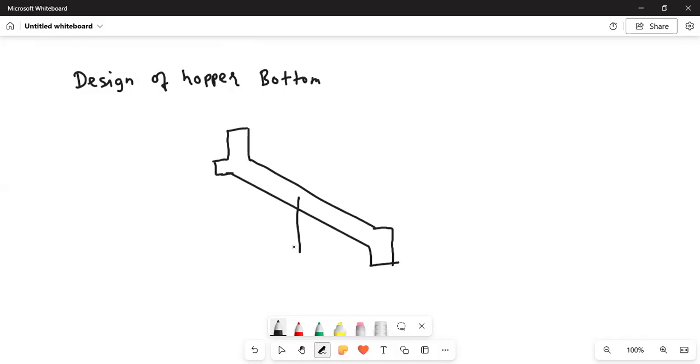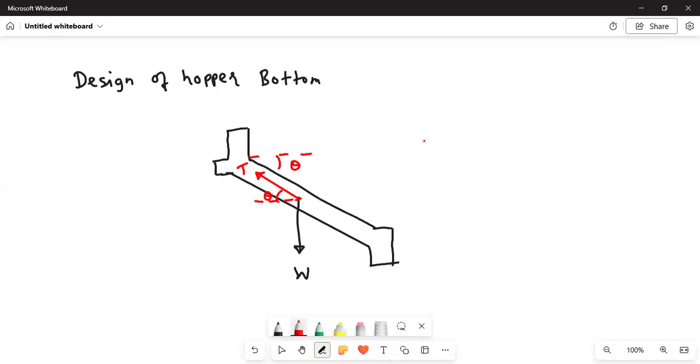So it is subjected to the weight, and because of this weight, there will be tension in the hopper bottom. So tension can be shown like this. Okay. And this angle is theta. The angle of hopper bottom is theta.